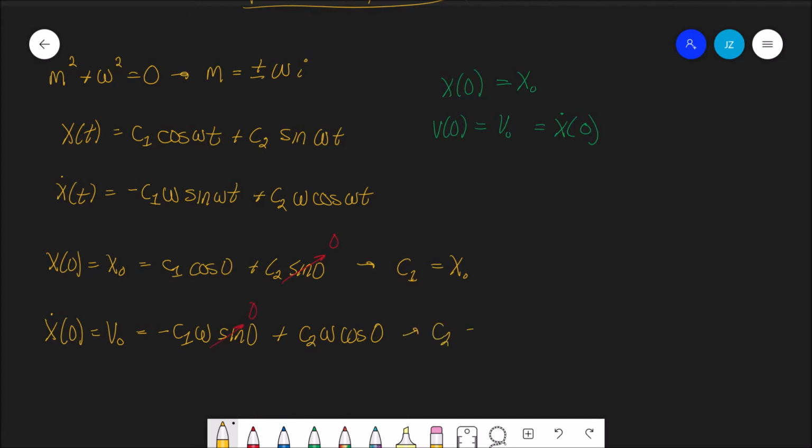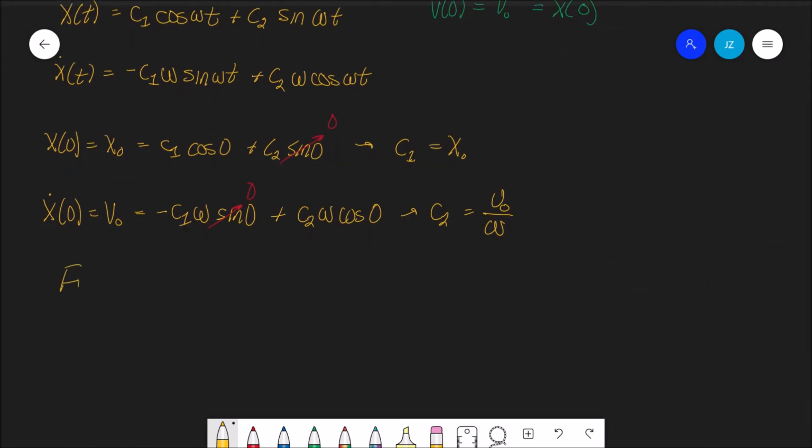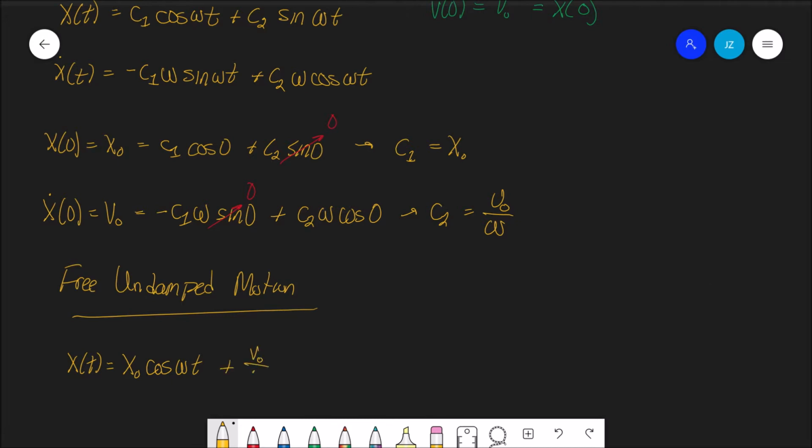And so c2 is v naught over omega. And so our model for free undamped motion is x of t equals x naught cosine omega t plus v naught over omega sine omega t.